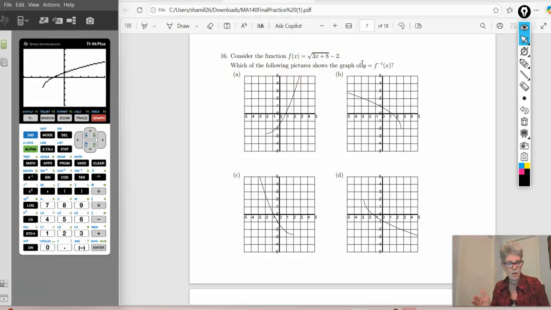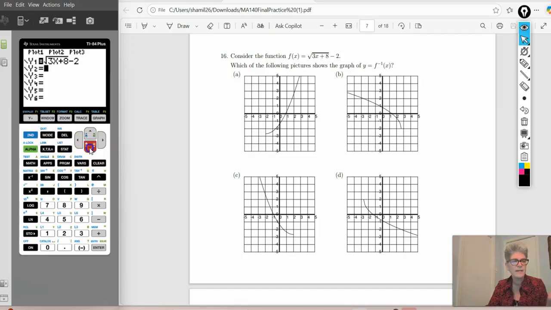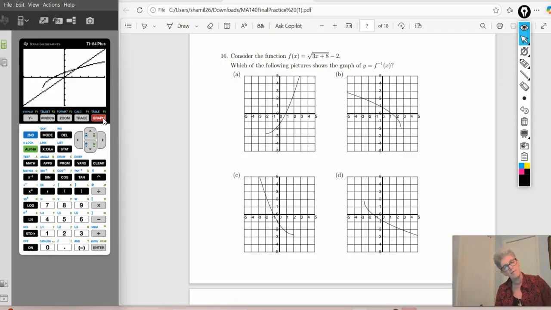Now, what do we know about the graph of a one-to-one function and its inverse? They're symmetric with respect to the line y equals x. So I'm going to press y equals, and I'm going to come down here, and I want to also look at the line y equals x. Okay, so what you need to do is to pretend that line is a mirror. And what would its reflection be? And you might have to actually turn your head this way to draw. Okay.